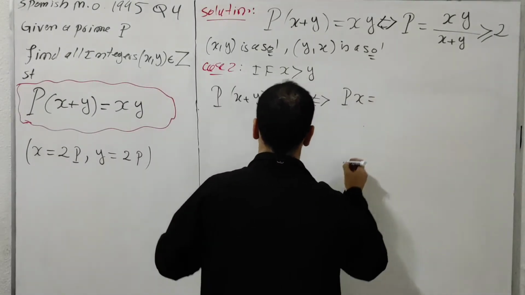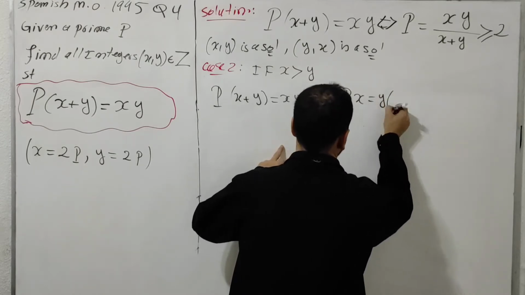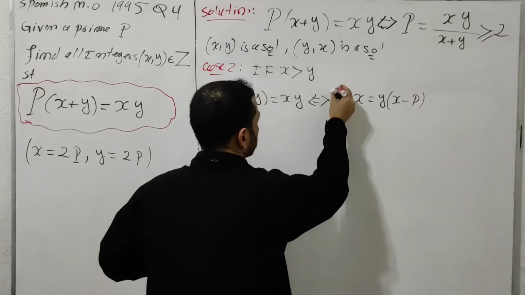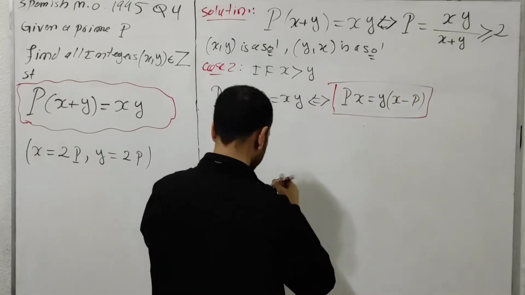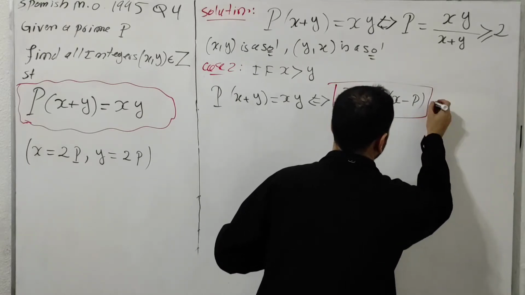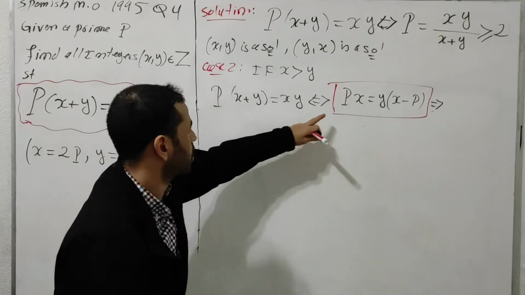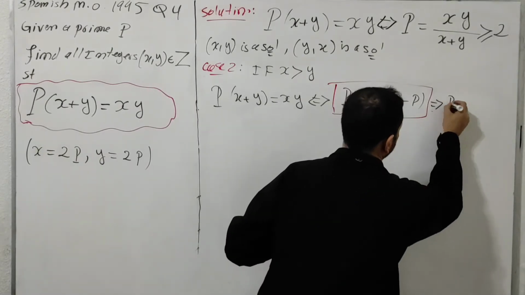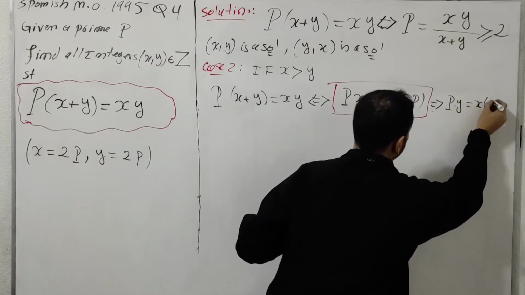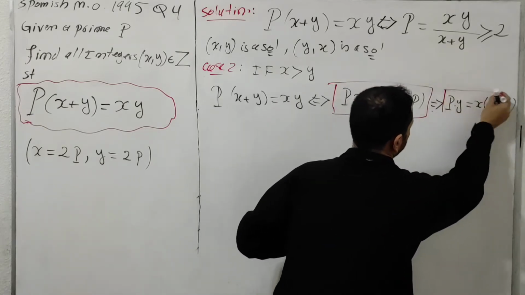So we get px equals y multiplied by (x minus p). Here is the first equation. I'm going to do the same thing, since I have a symmetry here, pulling out py instead of px. I will get py equals x multiplied by (y minus p). Here is the second equation.